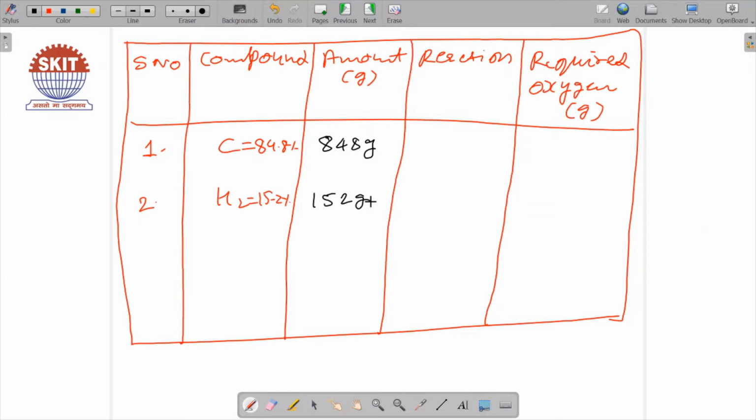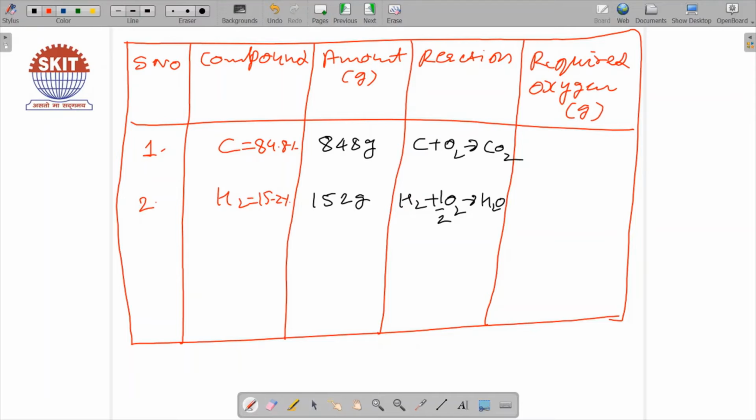Now balance the reaction of combustion with carbon. Carbon reacts with oxygen and the final product is CO2. Same with hydrogen: when it reacts with oxygen the product is H2O, but this is not a balanced reaction. So we will put half mole of O2 and this will react with hydrogen and then the final product is H2O.